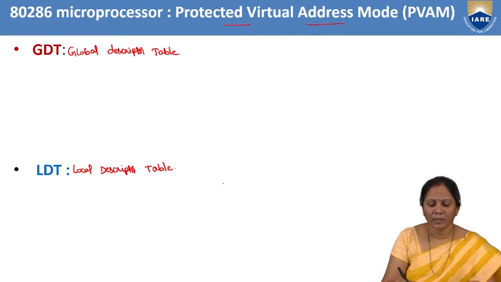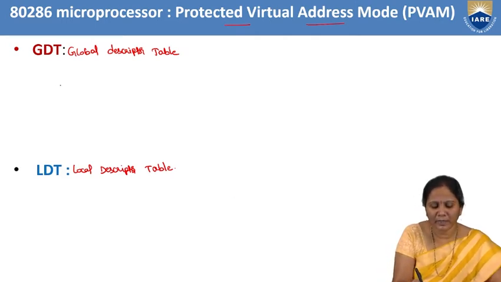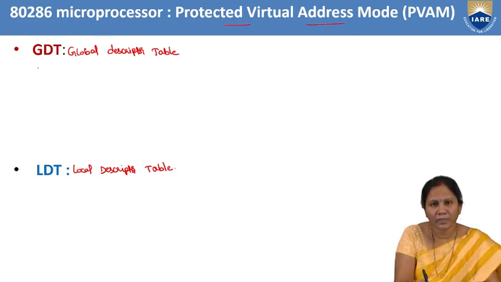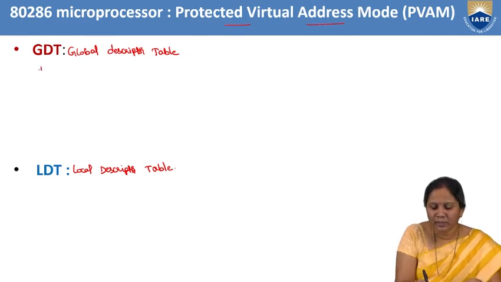Generally, the GDT is a data structure that consists of parameters like size.